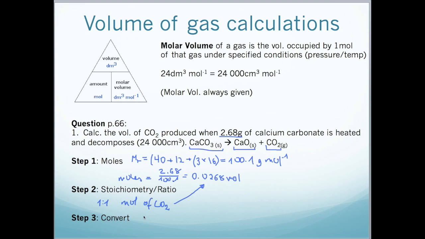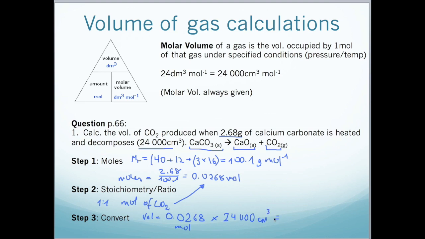So to get the volume, we need to multiply this number, which is the moles, 0.0268 times, and we are given the molar volume here, which is 24,000 centimeters cubed. And it will be useful to write in the units so we know what the final unit will be in.